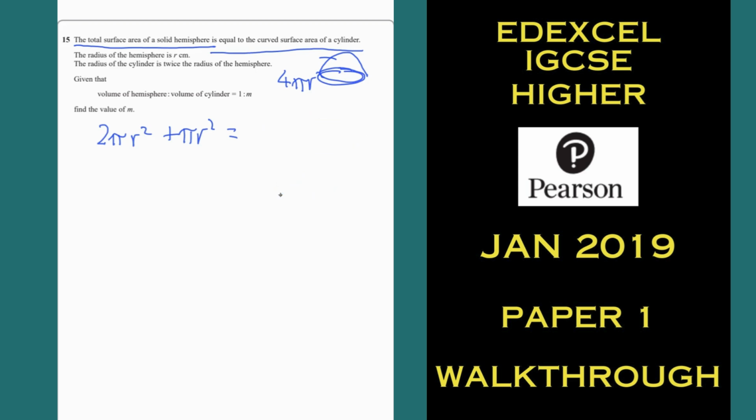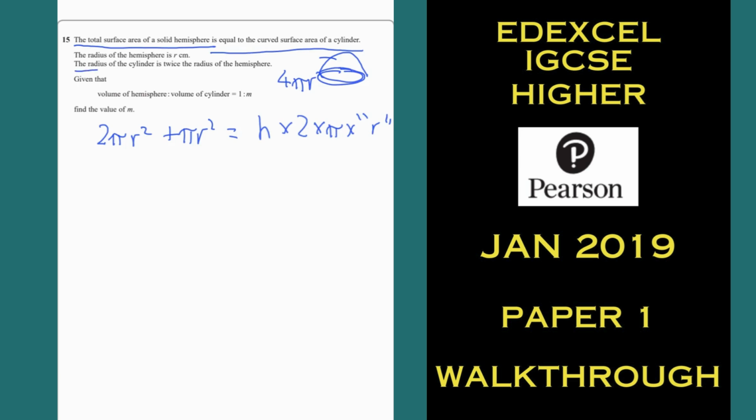So let's take that back. It'll be the height times 2 times pi times, let's just be careful for a sec, multiplied by r, which is the radius of the cylinder.